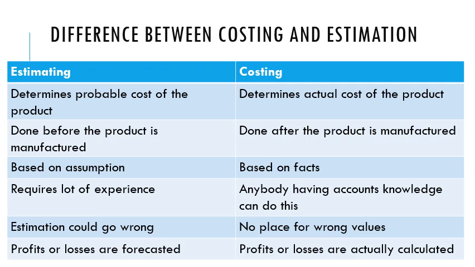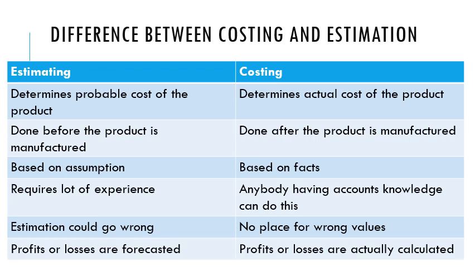To estimate the total cost of a product, you need lots of experience, whereas in costing, if you know basic arithmetic and accounting, you can do that. And estimation could go wrong. There is no rule that estimation will always be correct.